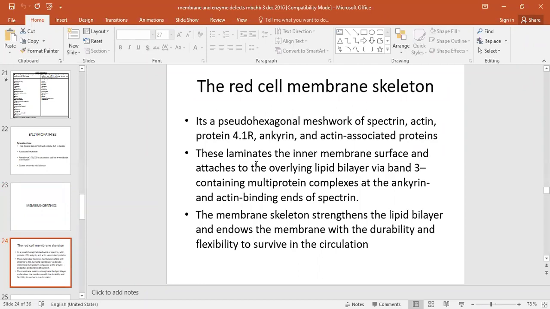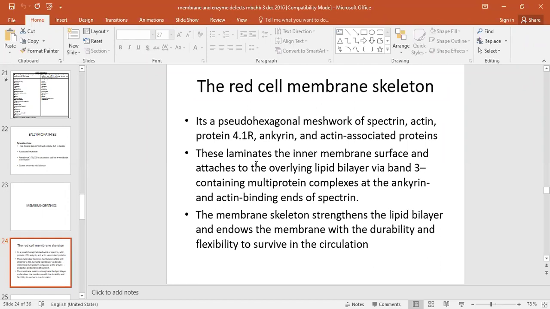So basically, we are dealing with proteins that form a mesh that supports the skeleton and the functioning of the cell. These particular proteins laminate the inner membrane surface and attach to the overlying bilipid layer.